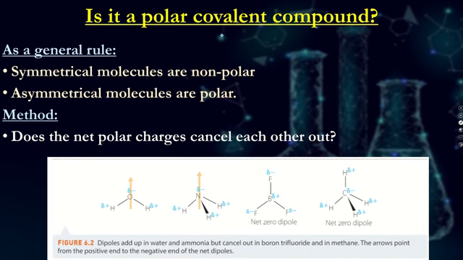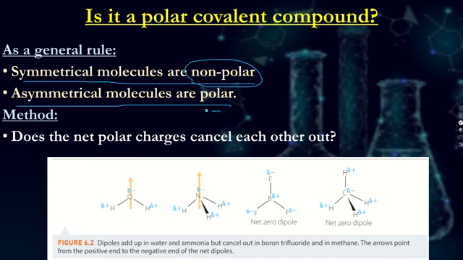Now, not all compounds can be quantified or identified as polar or non-polar. So you can have a situation if the compound is symmetrical, it will be non-polar, meaning there's no partial charges. If it's asymmetrical, then the molecules are polar.